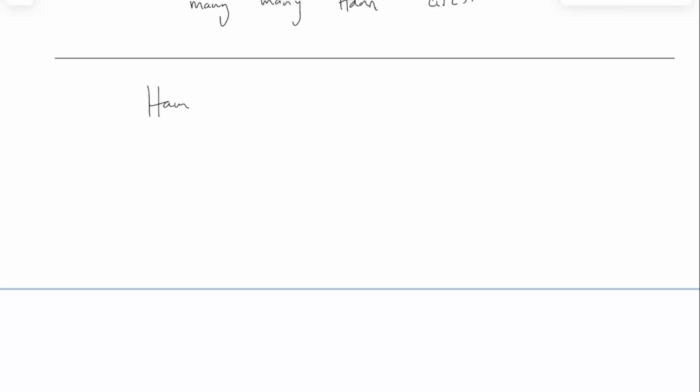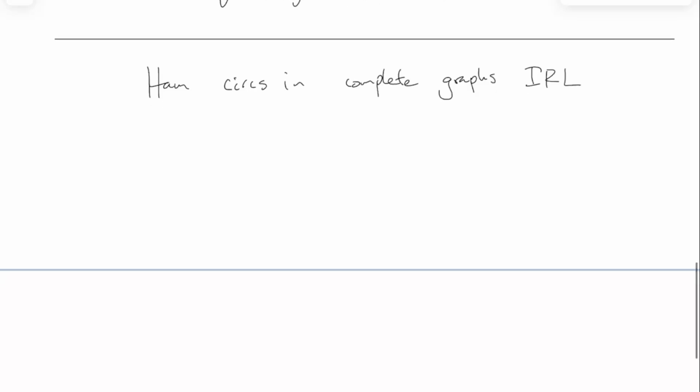These kinds of Hamilton circuits in complete graphs, in real life. This is inspired by a true story, but it is somewhat made up. I don't really think about this in my own personal life all that often, but here are my holiday travel plans.